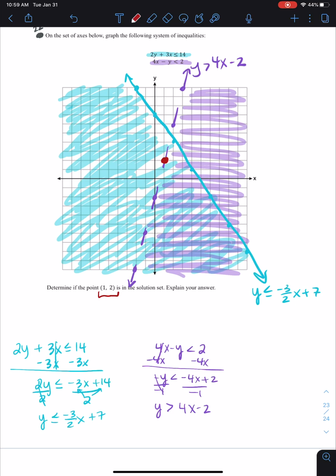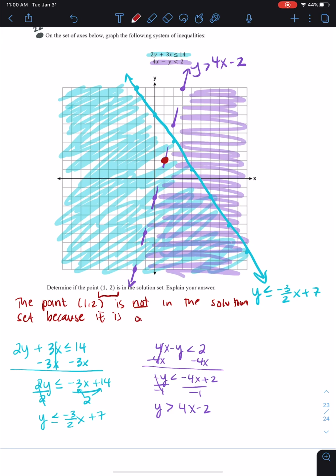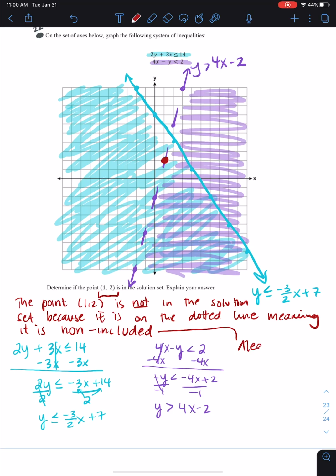So the point (1, 2) is not in the solution set, because it is on the dotted line, meaning it is non-included.